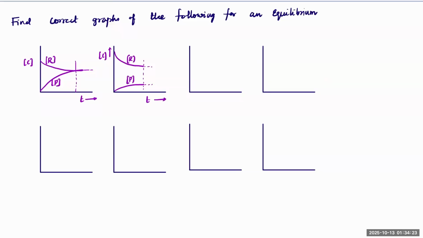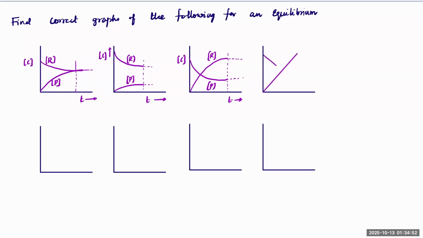Third, one more reaction is given like this. Now this is the reactant, and this is the product concentration. And this is concentration versus time again. Okay. The other one is given like this.